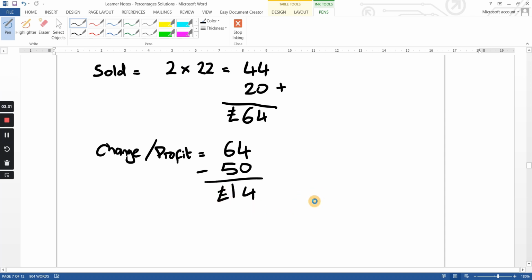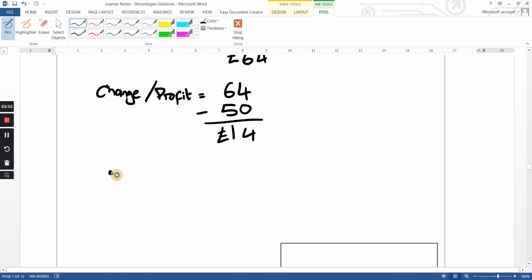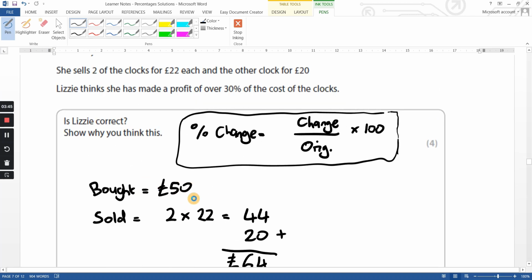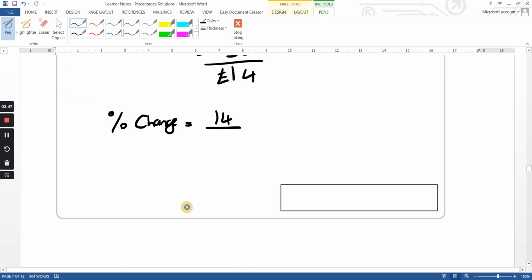Okay, so the percentage change is the change in this case, which is 14, over the original. What was the original? Well, she bought them for £50, so that's the original price. And obviously, because you want it as a percentage, you times by 100.